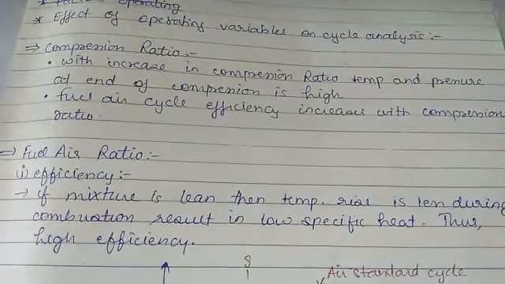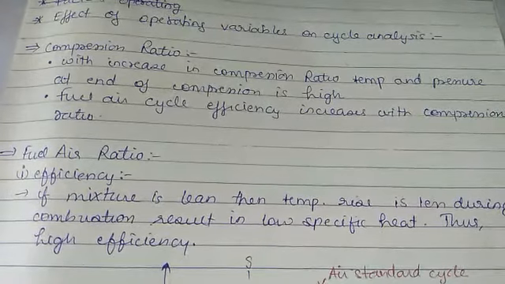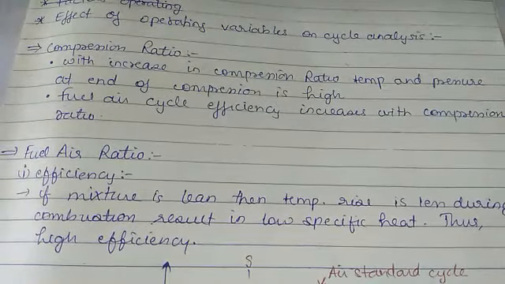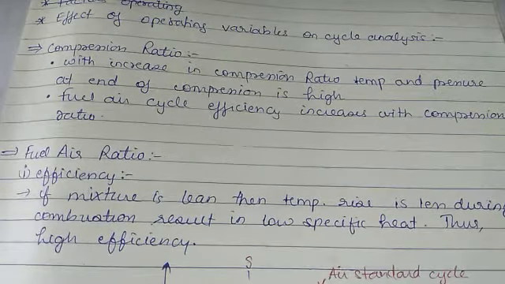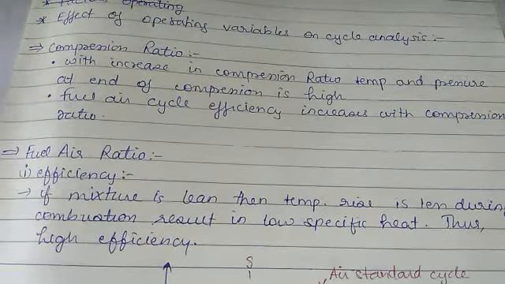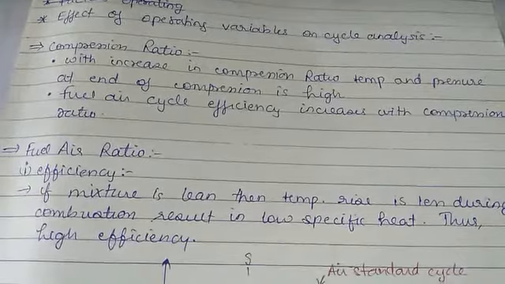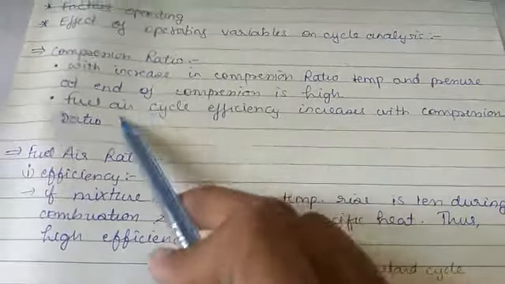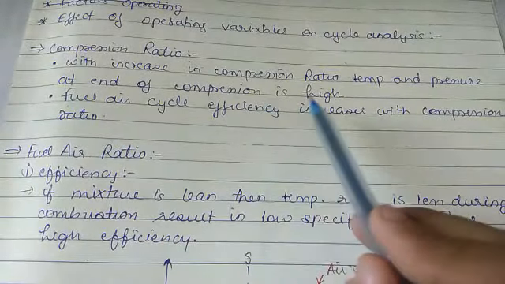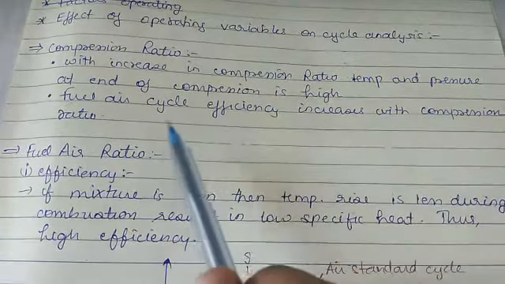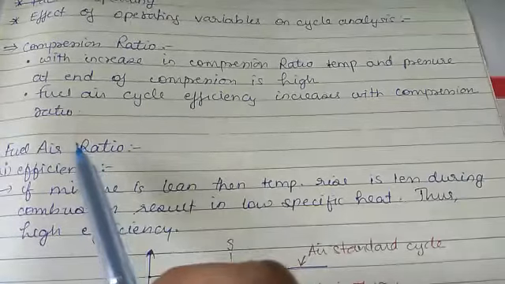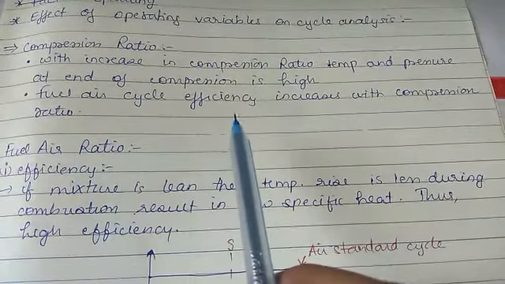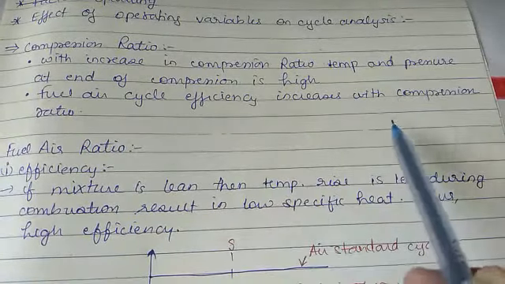Now another topic is effect of operating variables on a cycle analysis. There are two operating variables: compression ratio and air fuel ratio. First is compression ratio. With the increase in the compression ratio, the temperature and the pressure at the end of compression are high. Next, the fuel air cycle efficiency increases with the compression ratio.